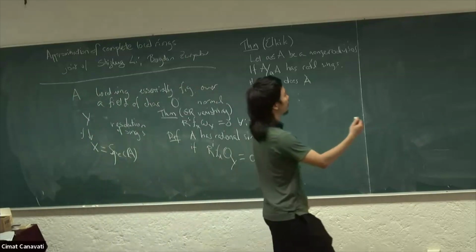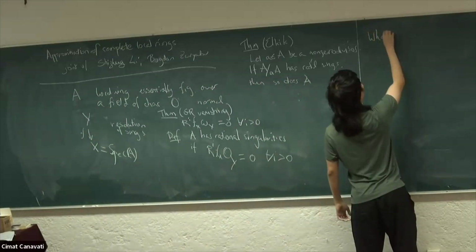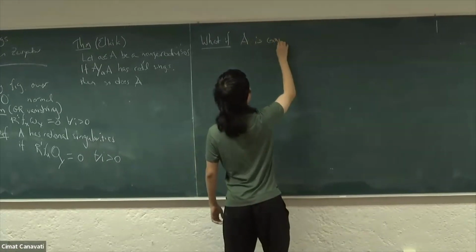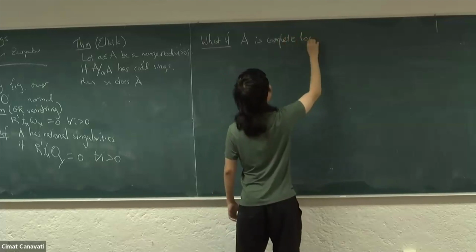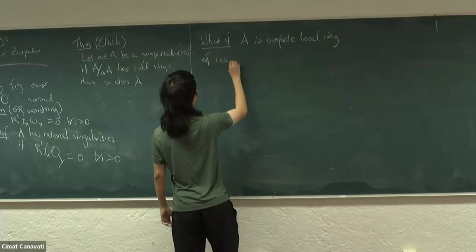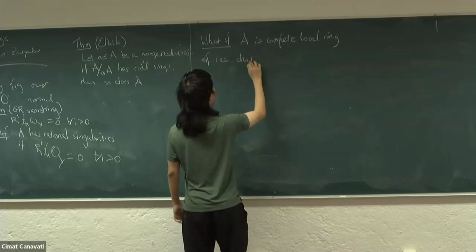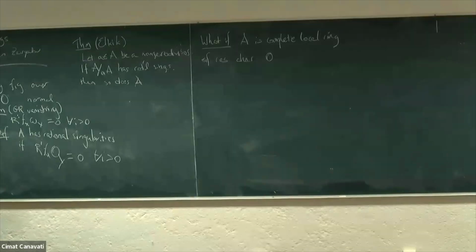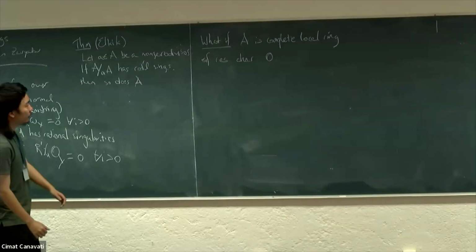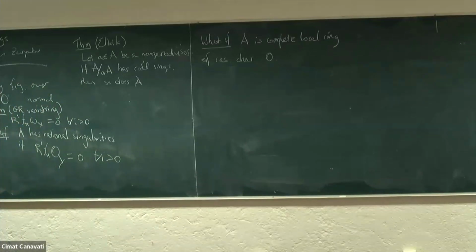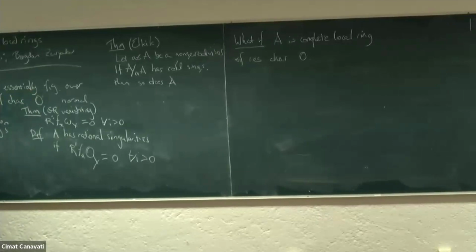So what if we look at complete local rings of residual characteristic 0? Of course, if it's not of residual characteristic 0, we cannot expect results as good as this. I'm just trying to not change the essential characteristic picture, but removing this finite type over a field restriction.